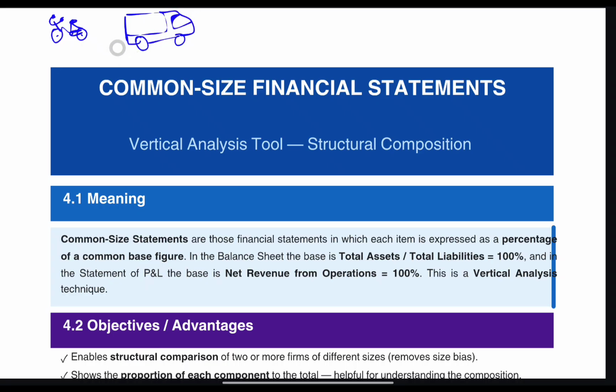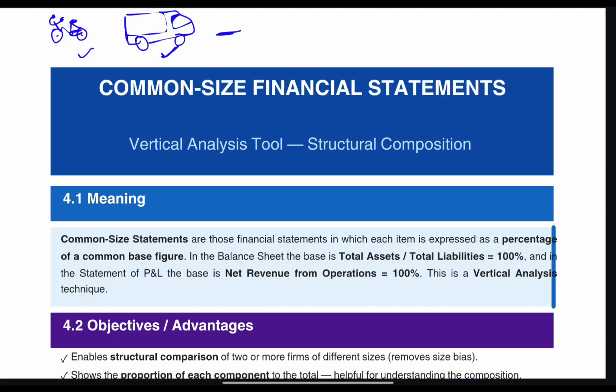If I say compare a bicycle with a truck, how can we compare both of these? Their sizes are different, so direct comparison is unfair. Correct? That's why common size statements make both stand on the same percentage scale and then compare. Got it? So that's why common size financial statements is a very lovely topic.